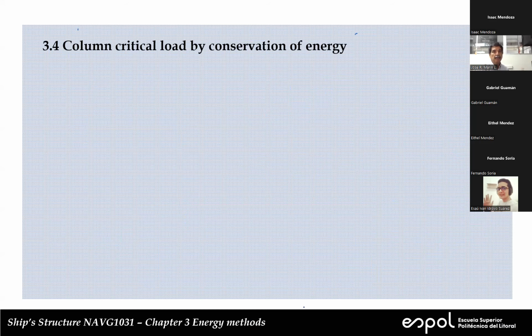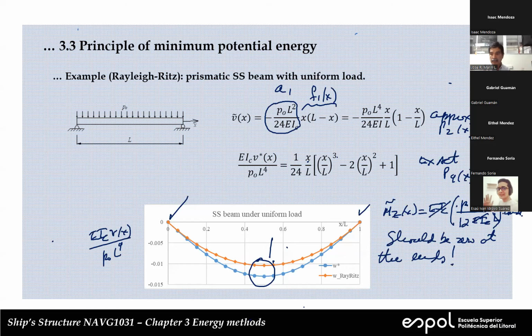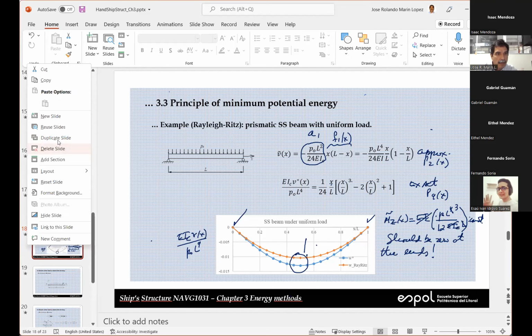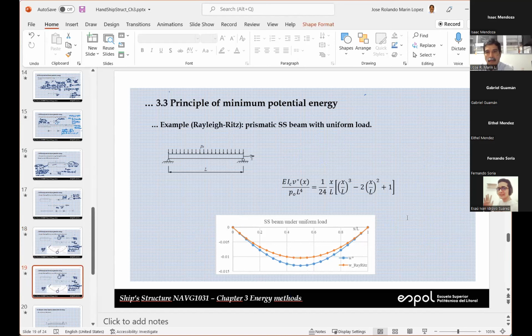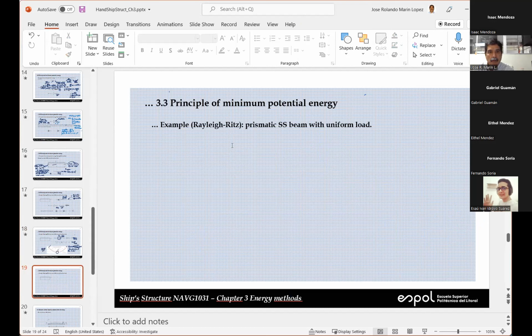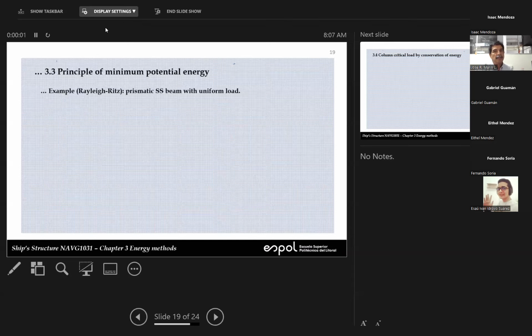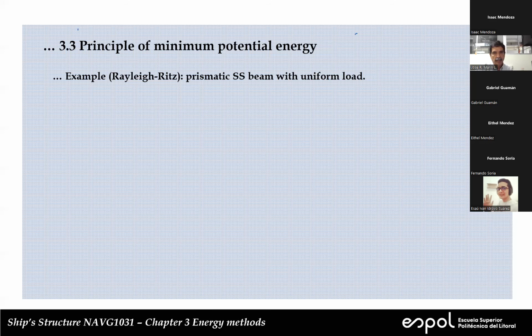For example, let me open a new page here. Just a second, please. Can you see my screen, people? Full screen? Yes, doctor. Okay. For example, if I ask you to analyze this case.